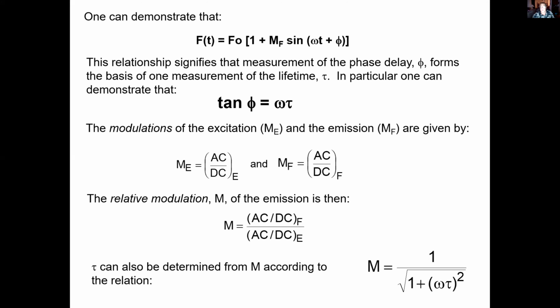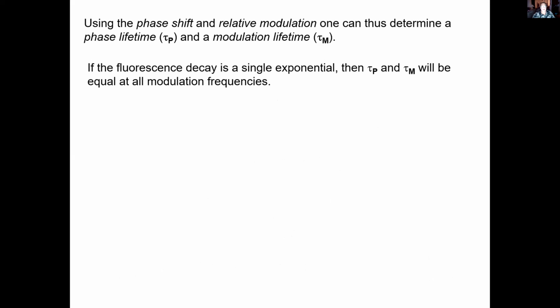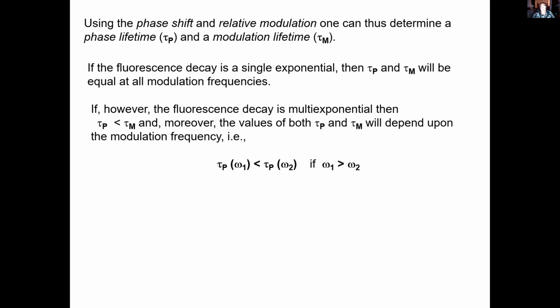These are two independent measurements, I want to stress. You can measure the lifetime with the phase or the modulation. Typically, you measure both. If a fluorescence decay is a single exponential, the important point is that tau phase and tau modulation will be identical. They'll be equal at all modulation frequencies.